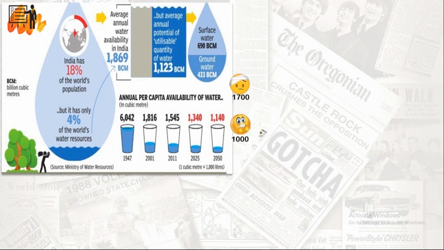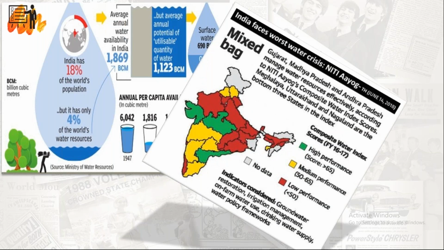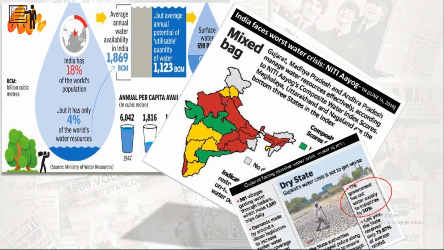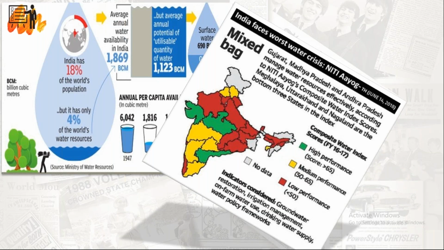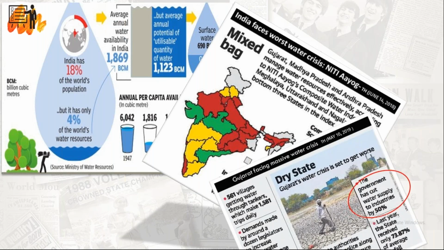You might have been seeing different news that some states are drying up and there are so many problems related to water. Let's see this example showing Gujarat, Madhya Pradesh, and Andhra Pradesh managing water resources effectively in 2018. But what happened next year? It says Gujarat is facing a massive water crisis. In one year only, the complacency became a critical situation for the state.